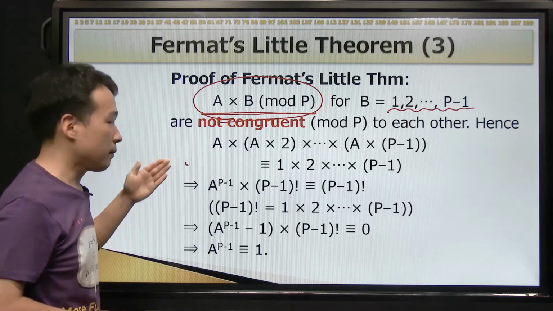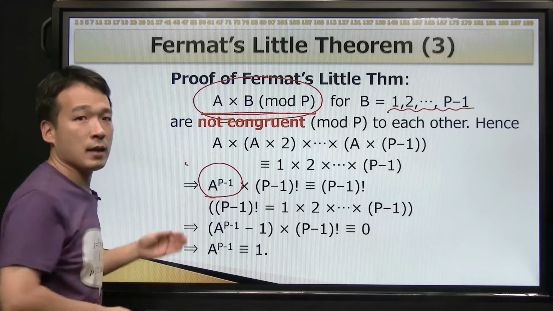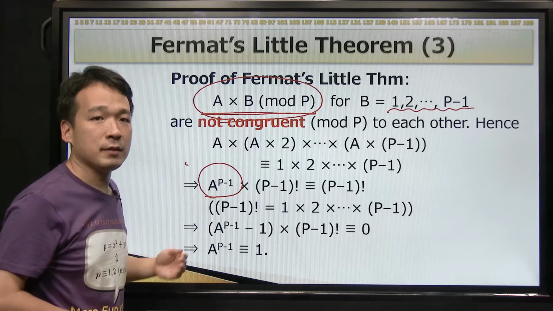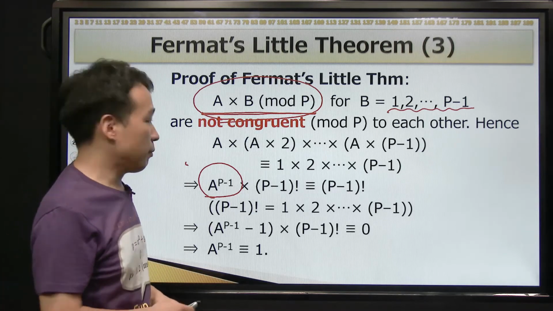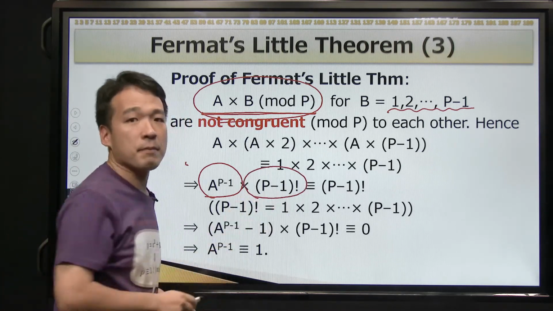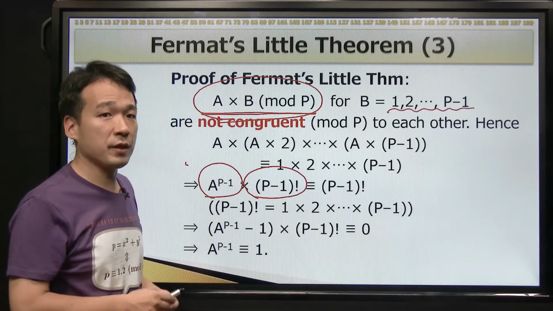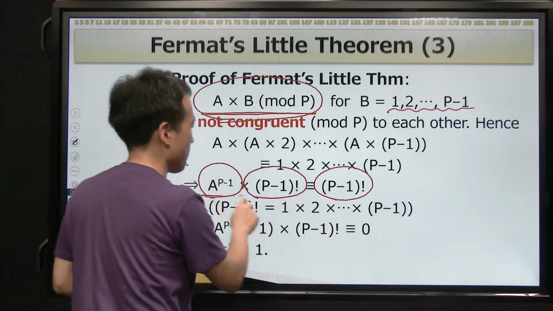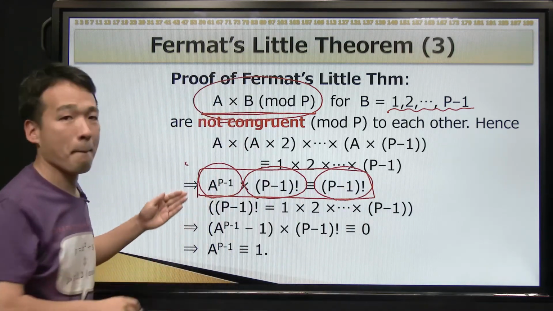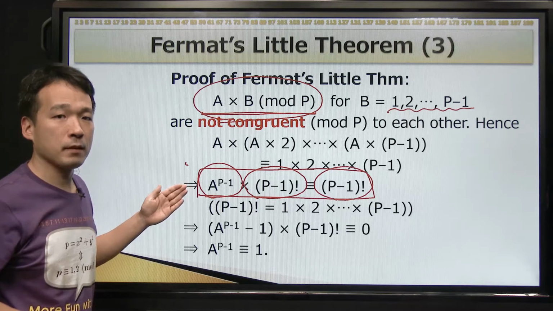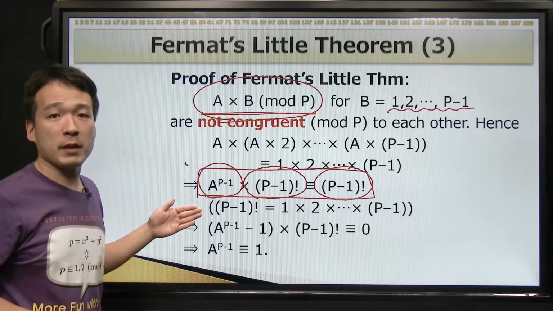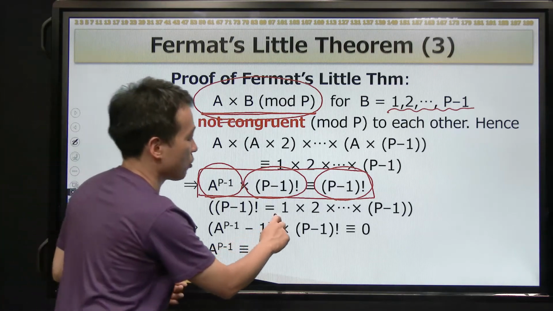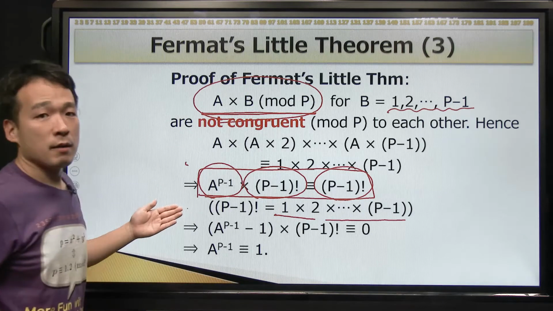This means a to the p minus 1 times the factorial of p minus 1 is congruent to the factorial of p minus 1. Here, the factorial of p minus 1 is the product of all integers from 1 to p minus 1.